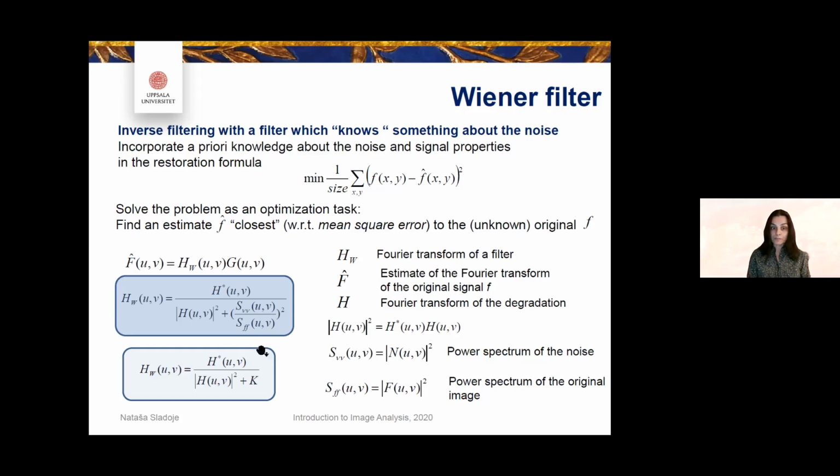To make it practical, this ratio, this quantity here, is often approximated by a constant value, k, which simplifies the application, but also goes a bit further from the ideal minimizer that we were looking for. So the Wiener filter that is often used in practice is formulated as this here, where this constant k is an approximator of the ratio of the power spectrum of the noise and the power spectrum of the original image, which we maybe can estimate in some reasonable way.